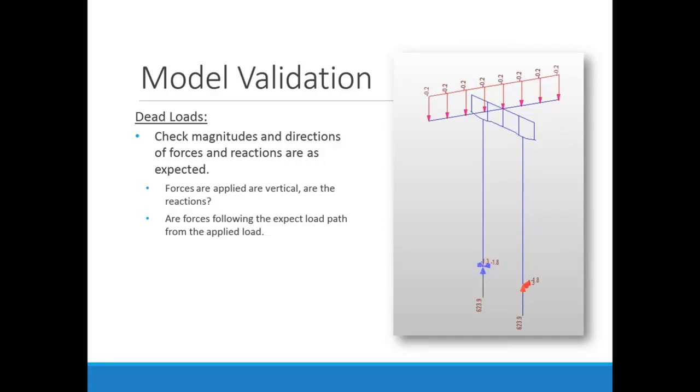I had a situation recently where I added all my forces and I accidentally defined a point load as being along a local axis instead of global, and then I was getting very large longitudinal forces. So that's another area where you can look at your user interface and double check that everything's making sense. Just look at the very simple things, look at your reactions, and make sure the load path looks like it's correct.